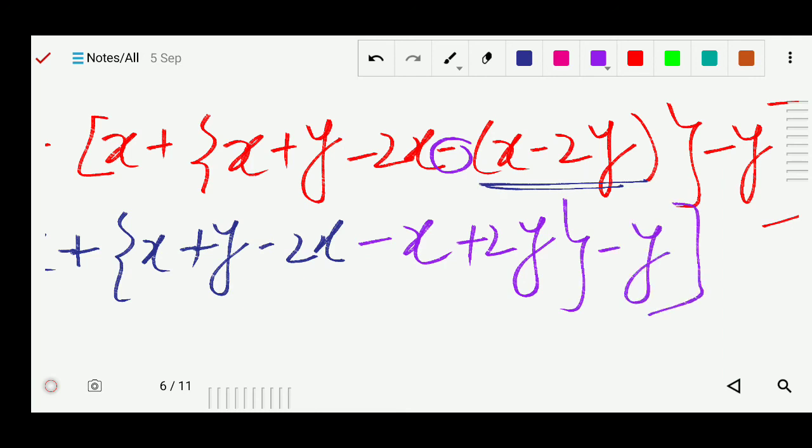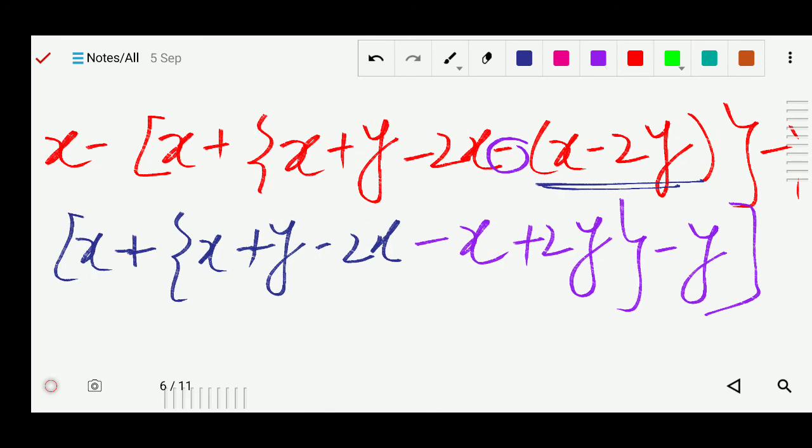So now here you can see we can solve, because as I told that when you remove the bracket, after removing the bracket you can solve the expression. Okay, so here you can see the same similar terms are there. This one cancel, it can be cancelled.